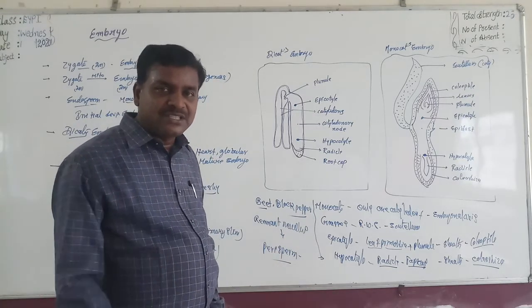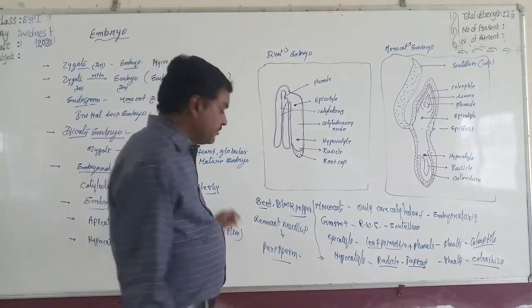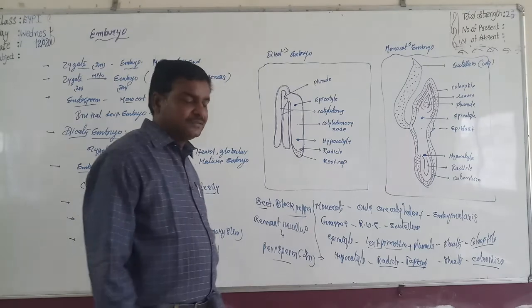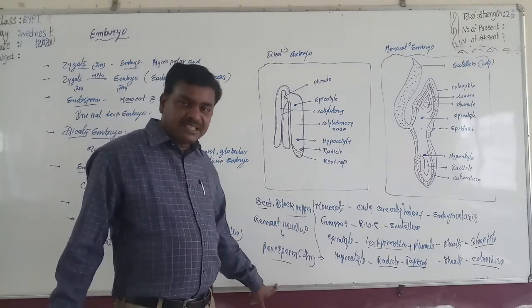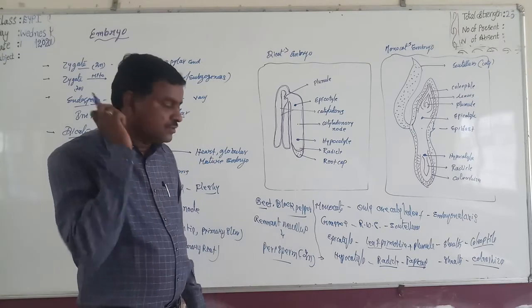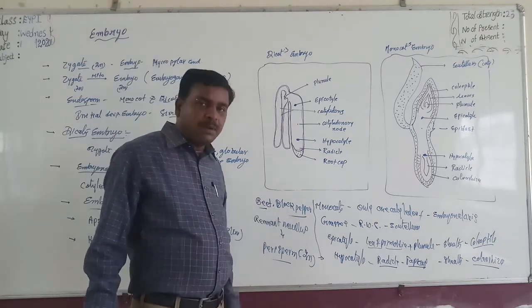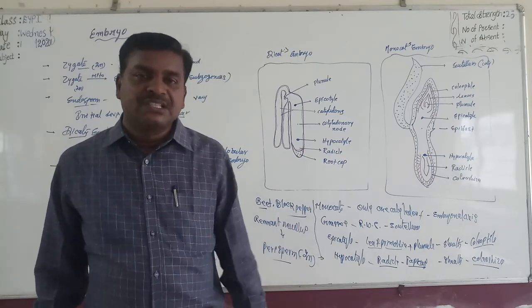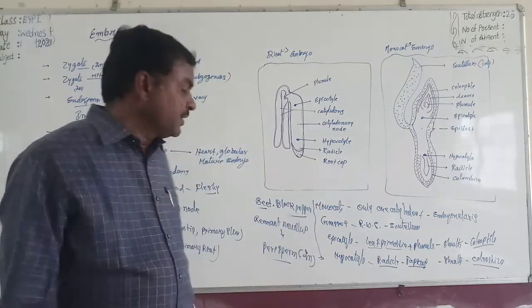What is the ploidy of nucellus? Diploid. So perisperm is the remnant nucellus present in some dicotyledonous plants, that is, in beets and black pepper. Remnant nucellus is called perisperm. Example: beet and black pepper.